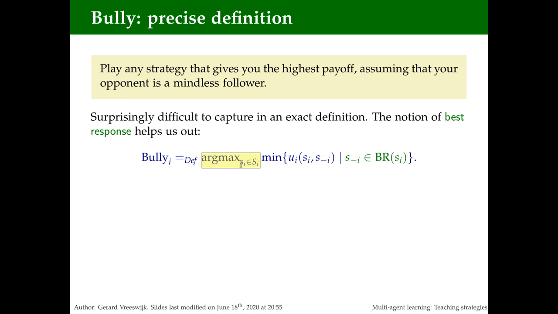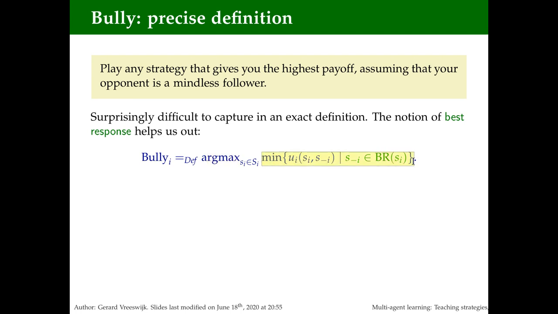It says, pick out the strategy with the maximum value for this expression. This expression you can only vary with the variable s sub I, and given s sub I, the opponent may choose s sub minus I, or the opponents. So you have to vary this variable s sub I, your own strategy, to maximize the minimum payoff.